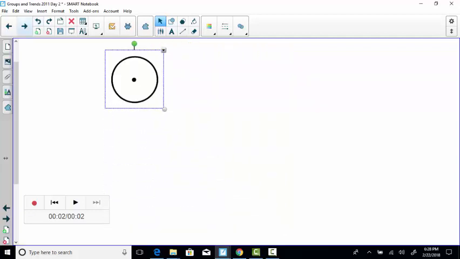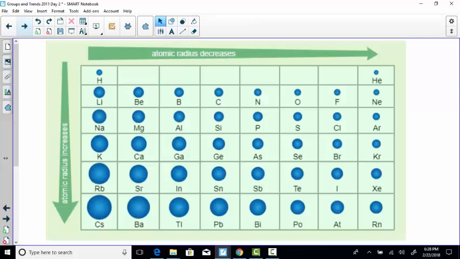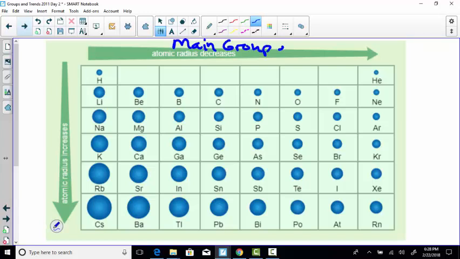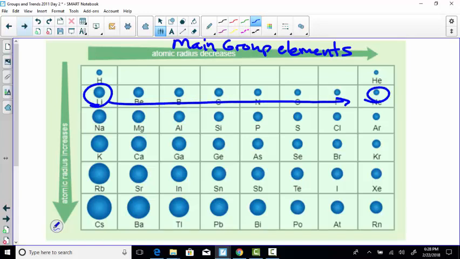And you can see that in this diagram right here. Okay? So this is showing the main group elements. And as you look, lithium starts out big, but then as we go across here, neon gets smaller.